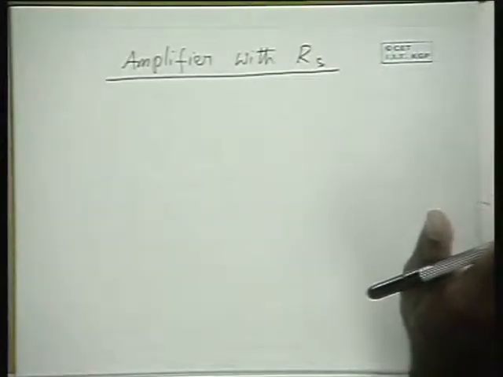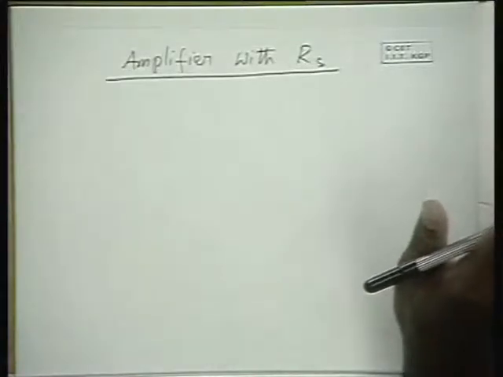But there is an associated advantage with that. What was the advantage? Because of the feedback, we had improved stability. That means the voltage gain of the amplifier is becoming independent of the device parameters like beta.